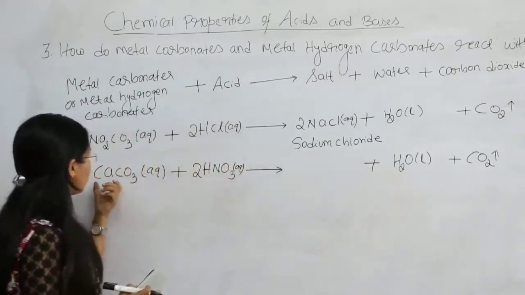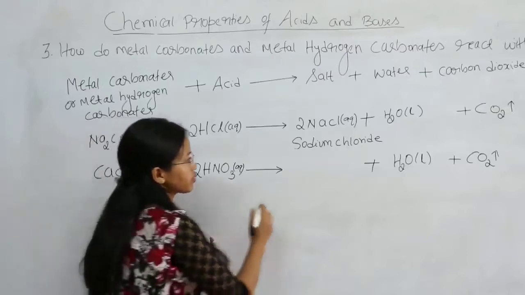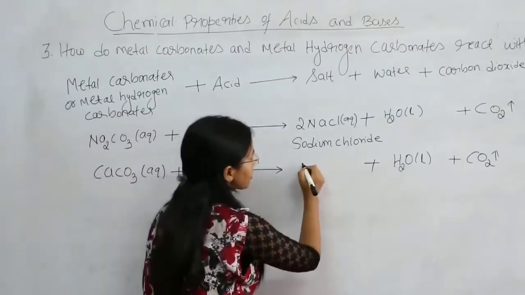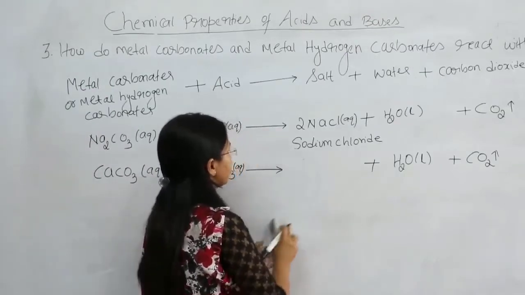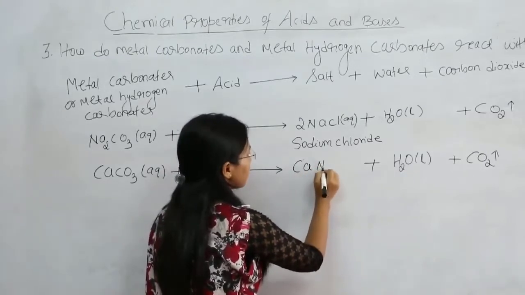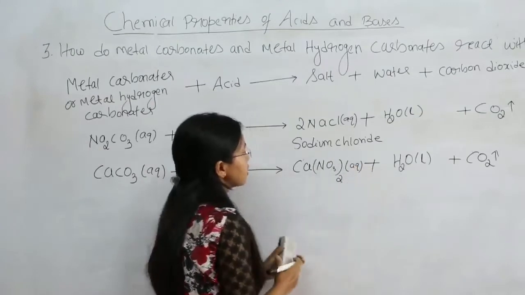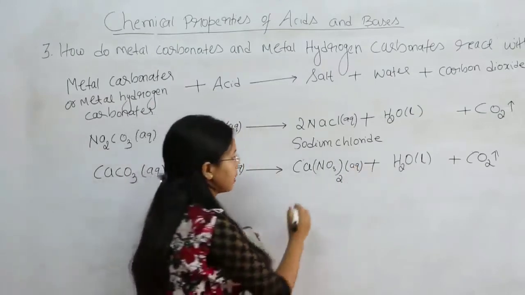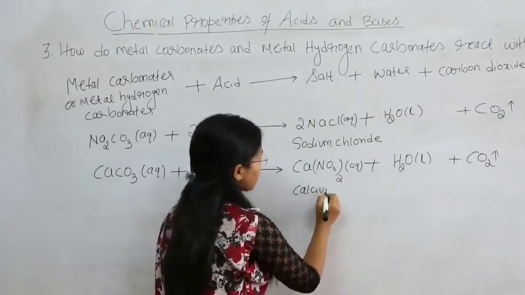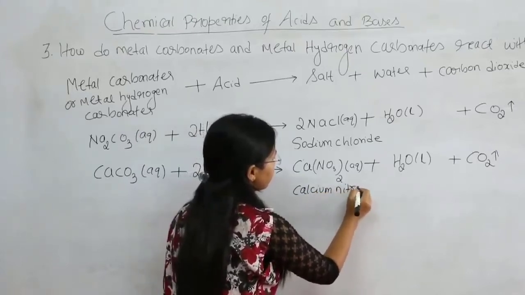What is left? Calcium reacts with the nitrate, so we get Ca(NO3)2. This is calcium nitrate.